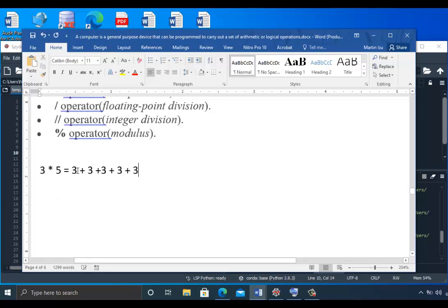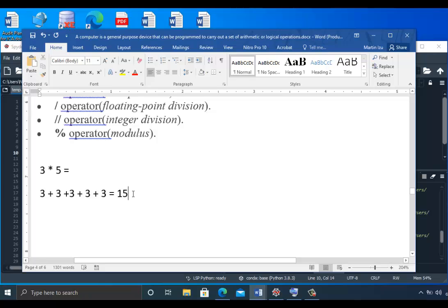So we have 3 here, 1. We have 3 here, 2. We have 3 here, 3. We have 3 here, 4. We have 3 here, 5. The end of it is that this will be equal to what? 15.